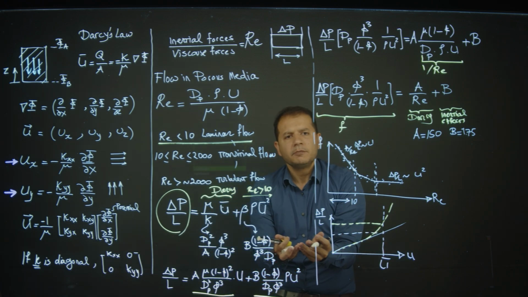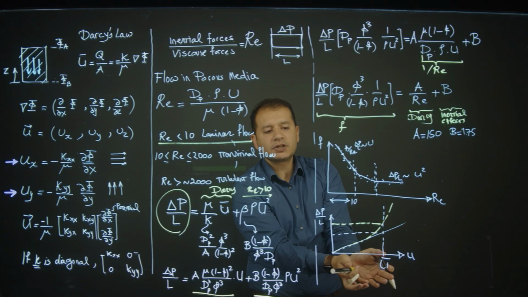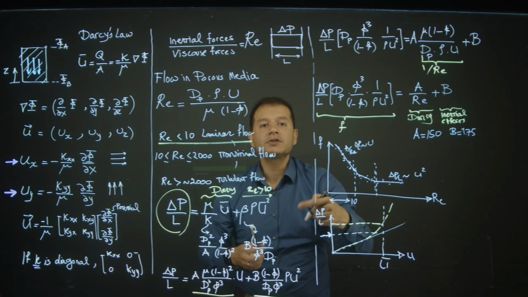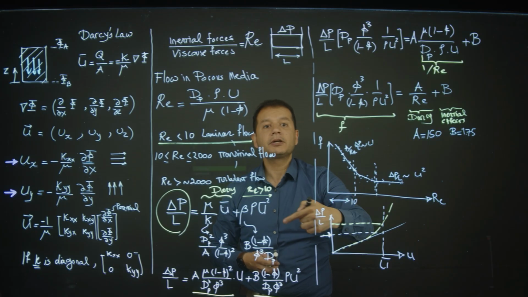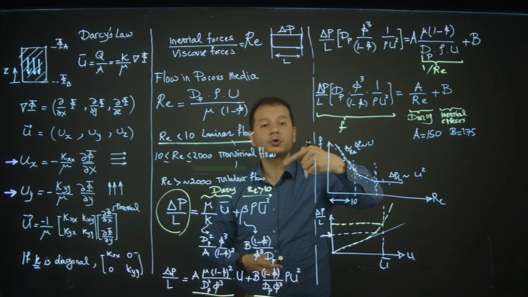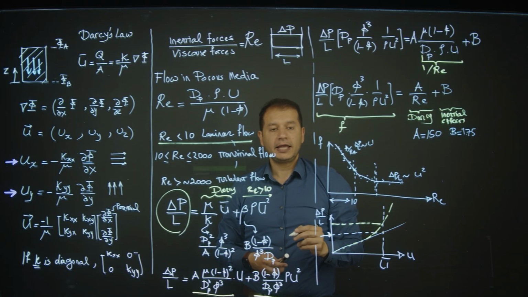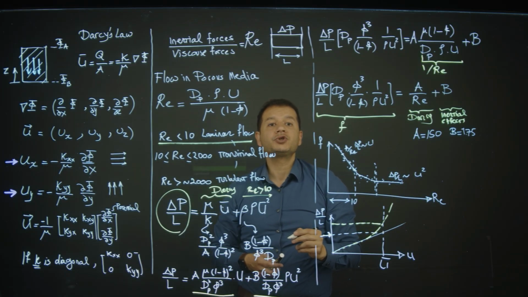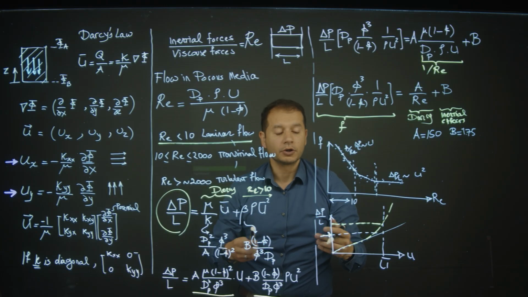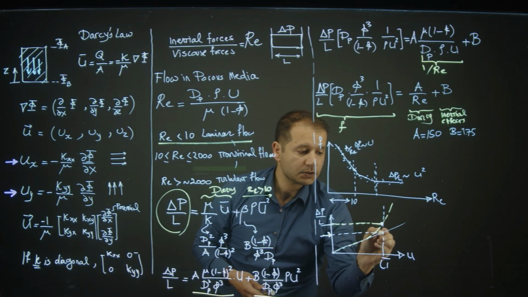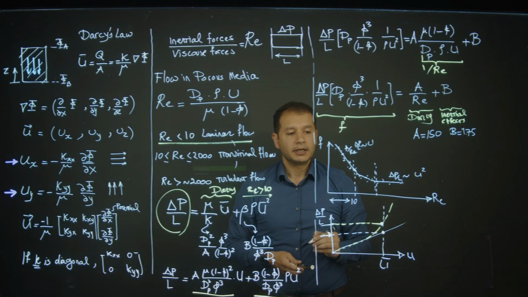Darcy says the pressure drop associated with that velocity is this much. But the reality is that because of inertial terms, because of rho u to the power 2, you will drop more energy in the system. Your pressure will drop more. So you have a higher delta P over L than what Darcy would expect.